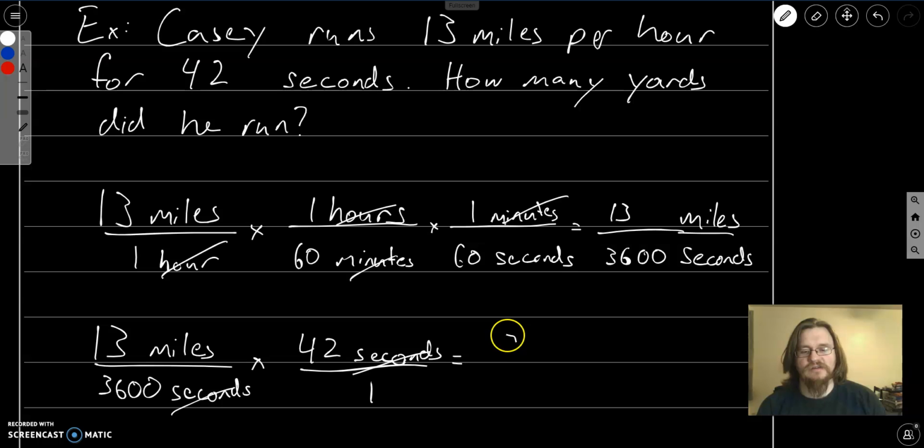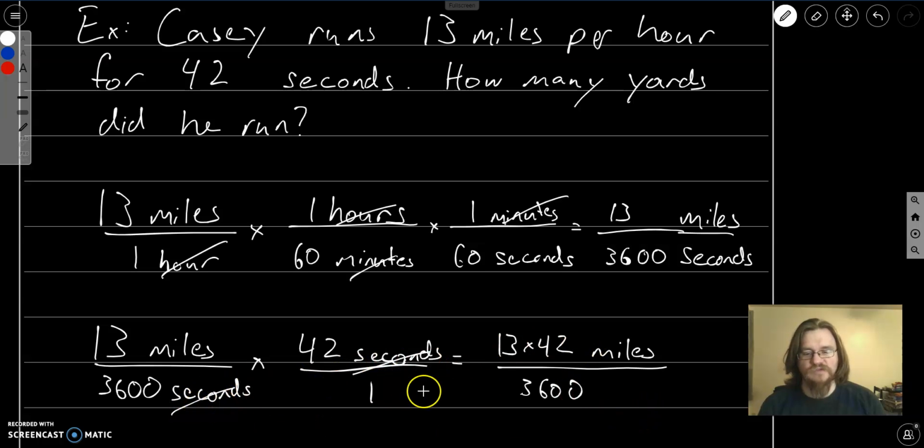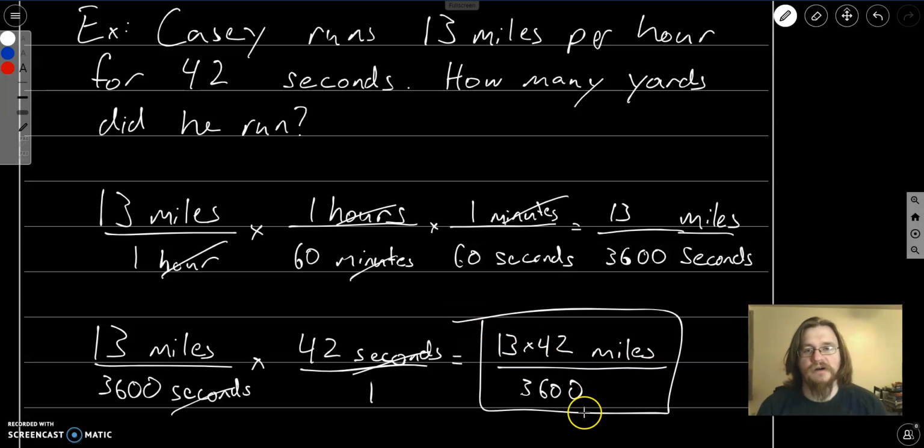So this is going to be 13 times 42. After my seconds cancel, I'll just be left with miles. On the bottom of the fraction, I'll have 3,600 seconds. But the seconds cancel times 1. So this is how far Casey would run in this example.